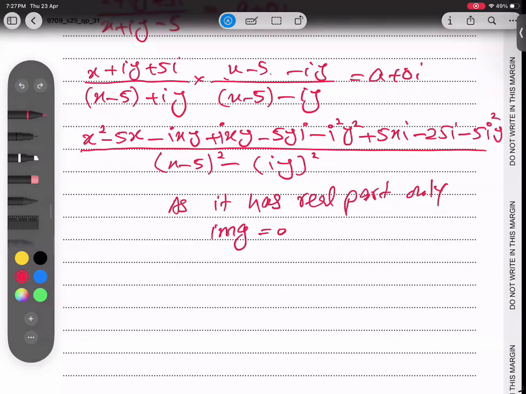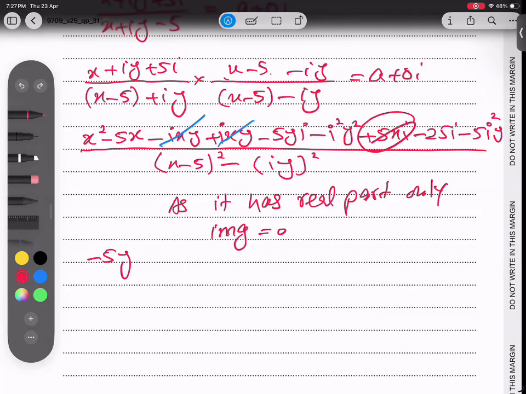I'm taking the I part. So negative xy. Or I think the first I will cancel easily, so these two y values cancel out. And from here I got iota, so I'm getting here negative 5y. From here, this iota square becomes positive. Real part I'm not taking.